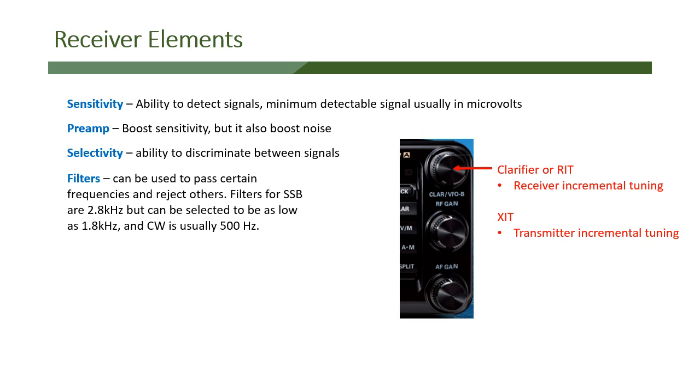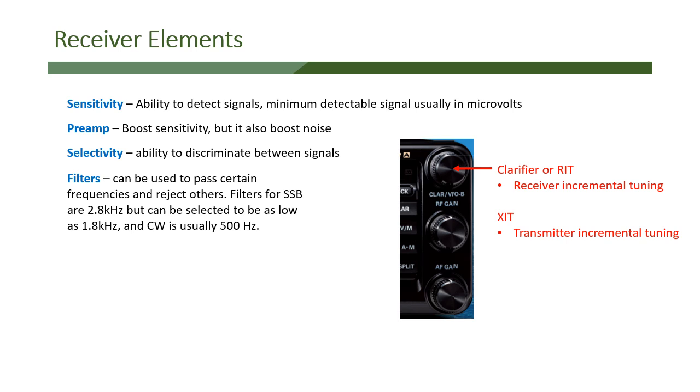In some radios, you can change that 2.8 kilohertz bandwidth to, let's say, 2 or 1.8 kilohertz, which means you may have lost some of the voice reproduction, but you've also narrowed down other stations that may be overlapping from being heard. So that's what selectivity is about. It's basically being able to discriminate between signals.